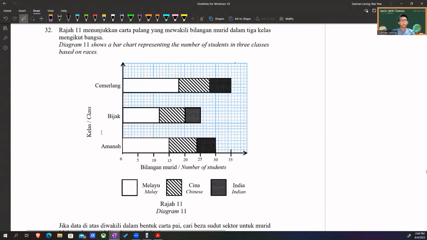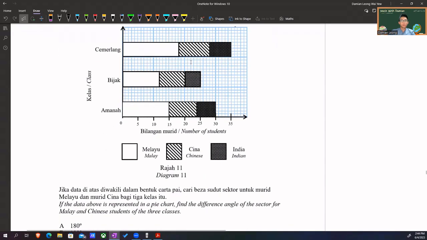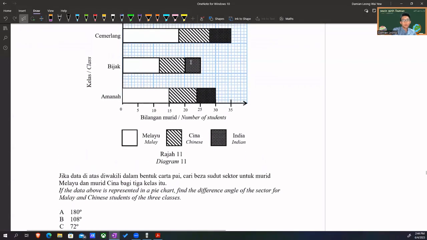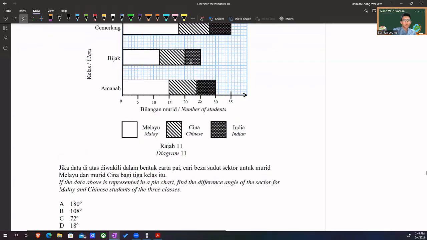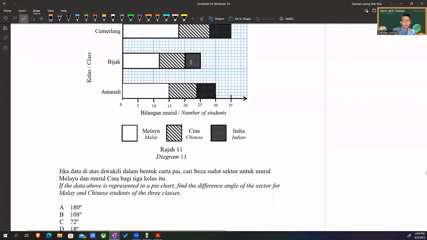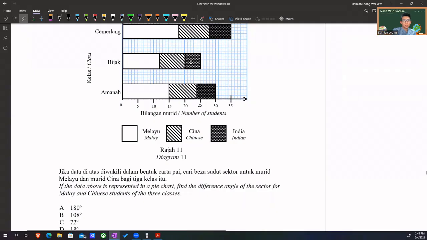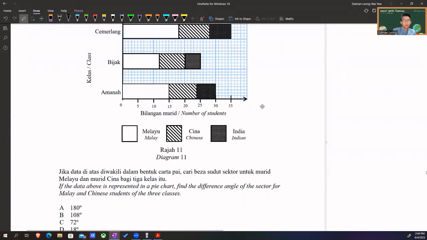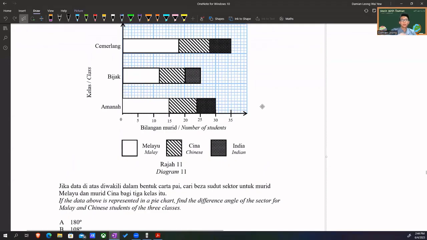Question 32. I have a bar chart representing the number of students in 3 classes based on race. If the data is represented in a pie chart, find the angle difference of the sector for Malay and Chinese students of the 3 classes. So for all 3 classes together, basically.